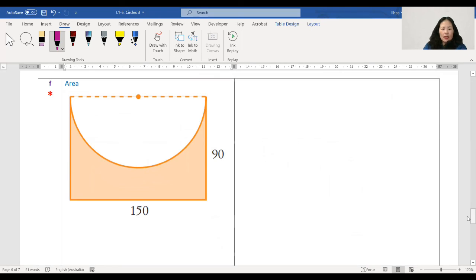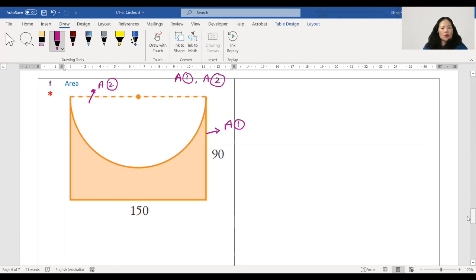Okay, this is the last one. Let's have a look. Now, this is finding an area. Now, the first step is naming which one is A1 and A2. So, I'm going to go with our side. The bigger one is always A1. The little one inside the big one is A2. Okay, so that's not too bad.